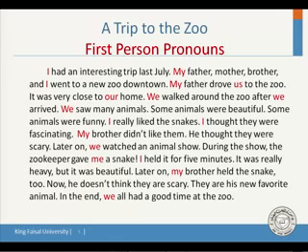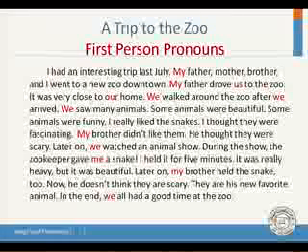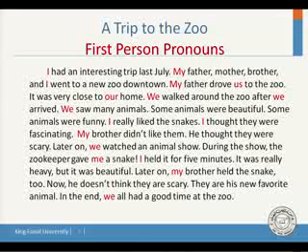We went to a new zoo downtown. My father drove us, my mother, brother and I, us, to the zoo. He drove us. It, the zoo, was very close to our home. Our home. Notice the first person pronouns.